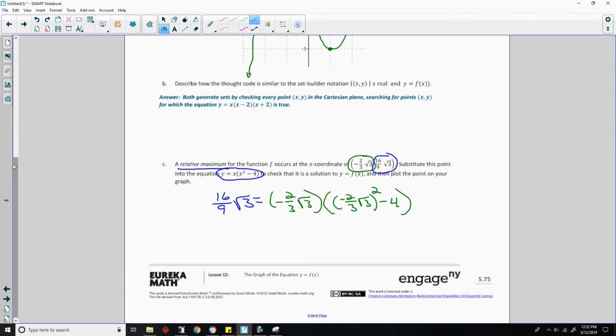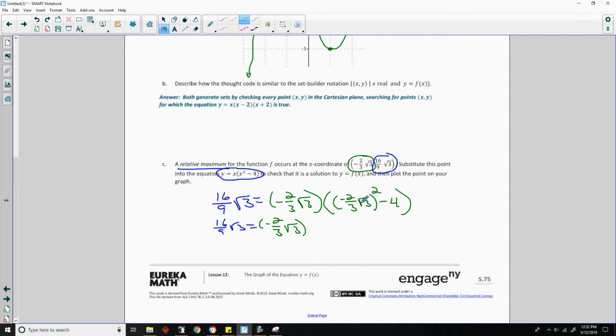So now we're going to simplify. This is going to stay 16 over 9 square root 3 equals, and let's first work on this portion here. So I'm just going to bring this down. Negative 2/3 square root 3 is going to stay there for now. I'm going to square this.